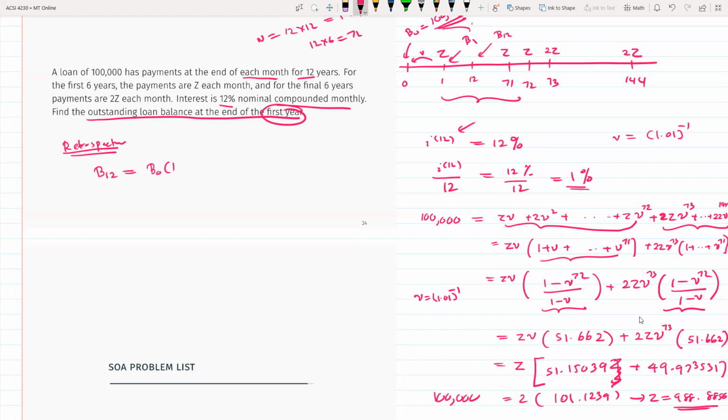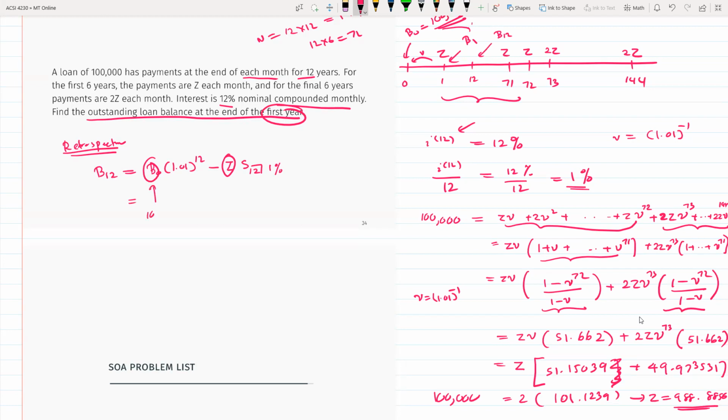So you are multiplying by 1.01 to the 12, minus the accumulated value of all these Z payments. How many Z are there? There are 12. Under what rate? Basically, you can use 1%.